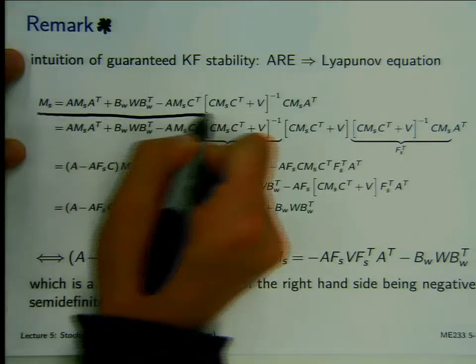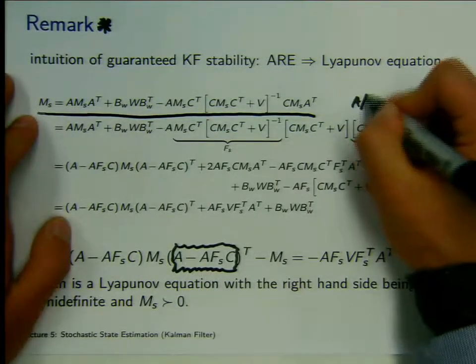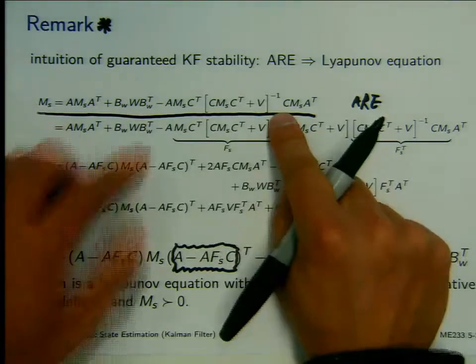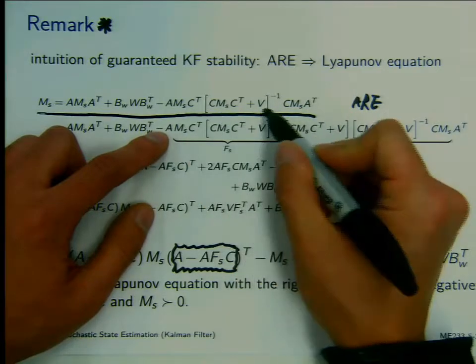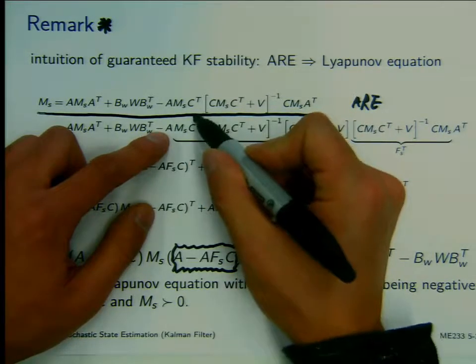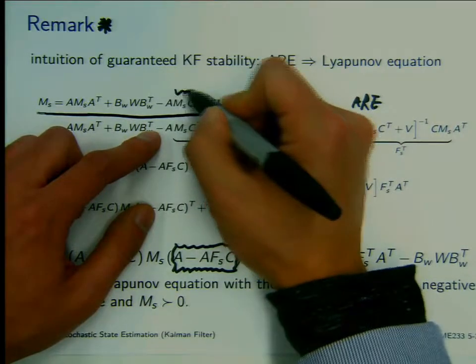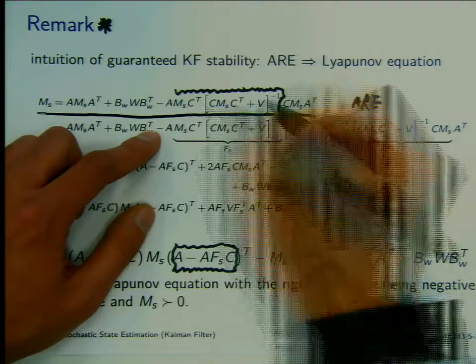Remember, we have the Riccati equation, ARE. Look at this ARE. You see that some terms inside are very familiar. For this purpose, I'm looking at this term, and I'm going to use tilde here. What is this term here?